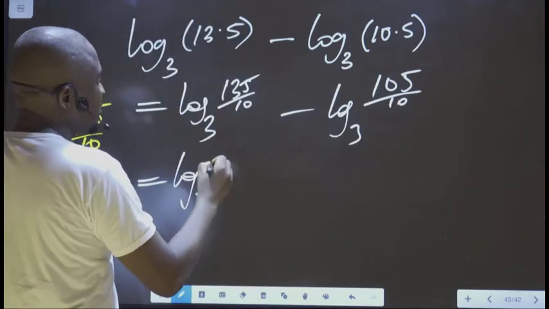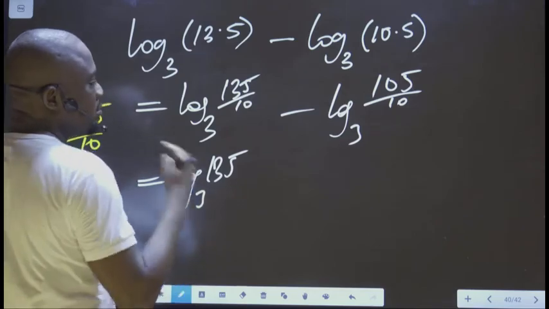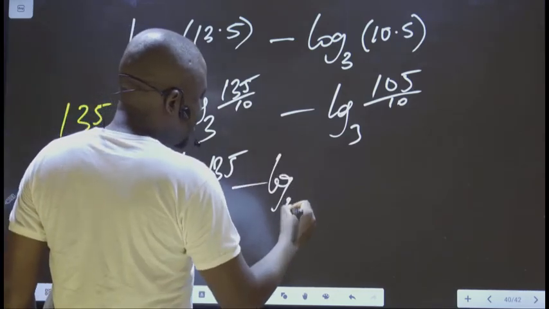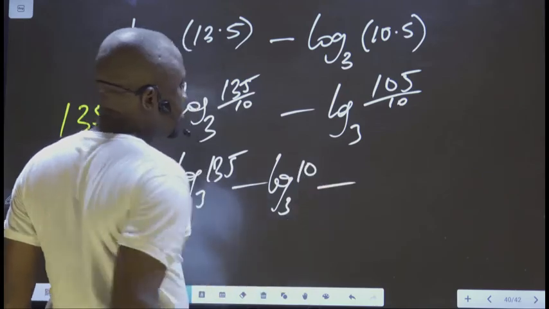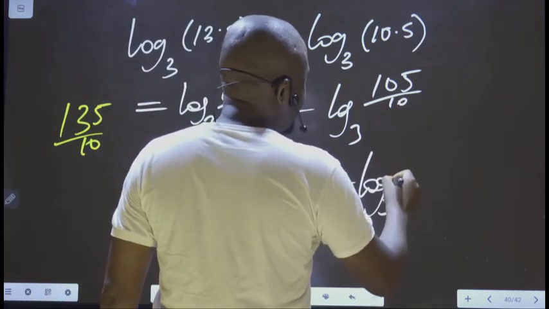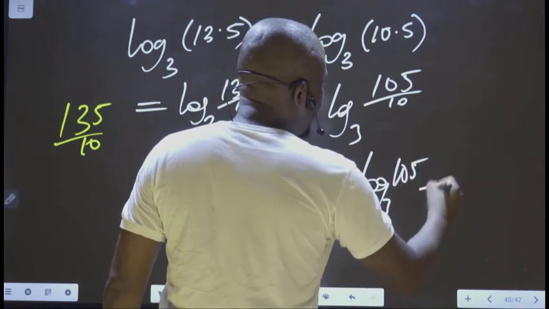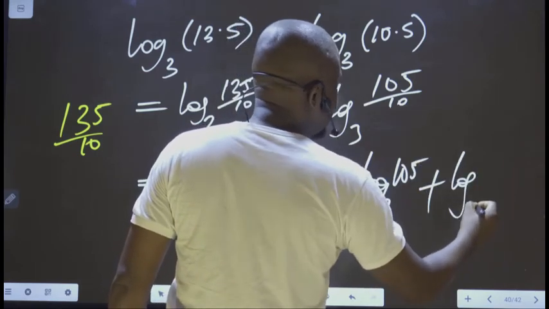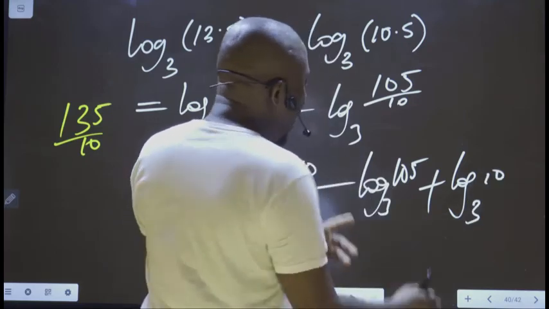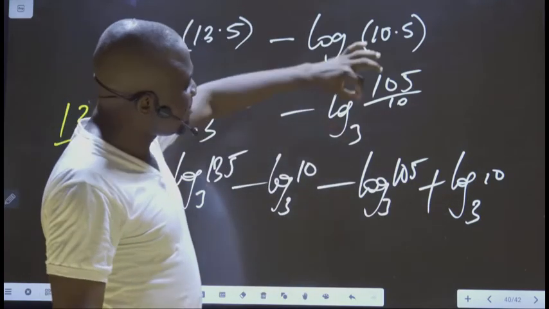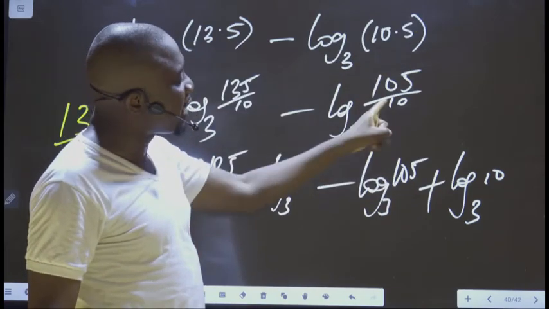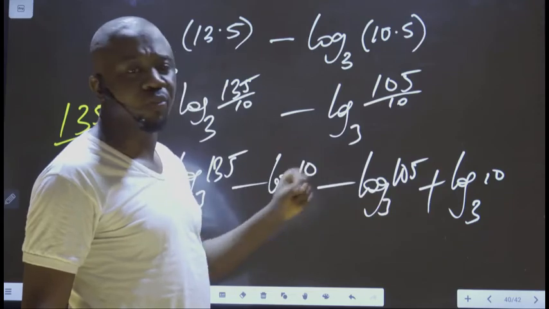Log 3 135, minus log 3 raised to the power 10, minus log 3 raised to the power 105, plus log 3 raised to the power 10. Why do I put plus here? Because if I separate this, a minus will be here. What about this minus? Minus multiplied by the minus that this guy will produce, we put plus here. Okay?